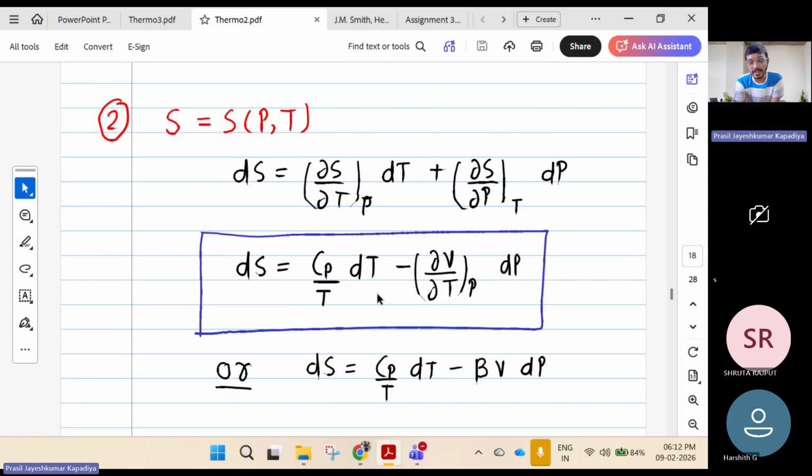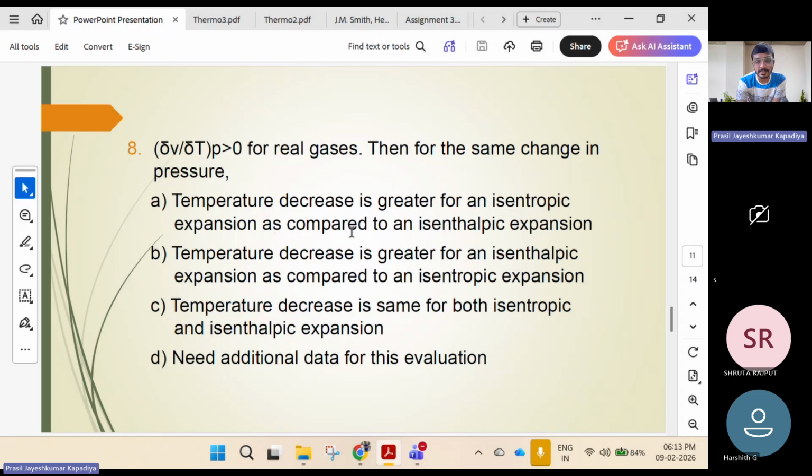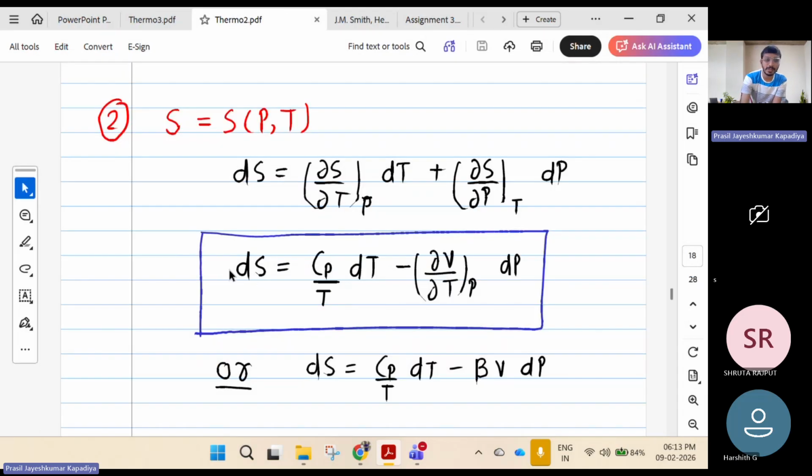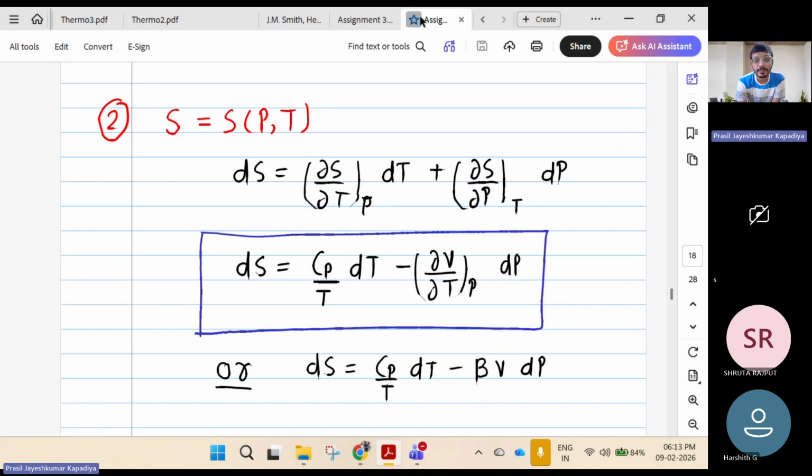So Cp by T dT will be equal to del V by del T at constant P dP. So you can write what is asked: the temperature change we are supposed to find with pressure. So how can I write it down? For isentropic, this term will be equal to 0. So my del T del P will be equal to nothing but this simple term.